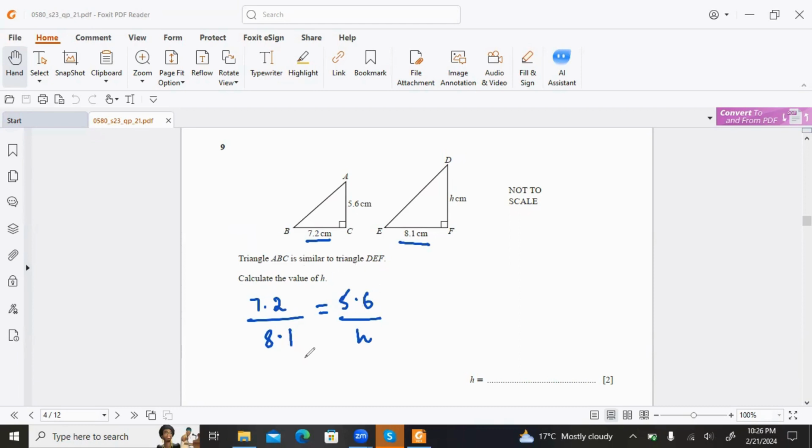And since 8.1 is in the denominator, h also comes in the denominator. So we make h the subject and rearrange the equation. Then you just directly plug this into the calculator. 5.6 times 8.1 divided by 7.2 is 6.3 centimeters. That is your value of h.